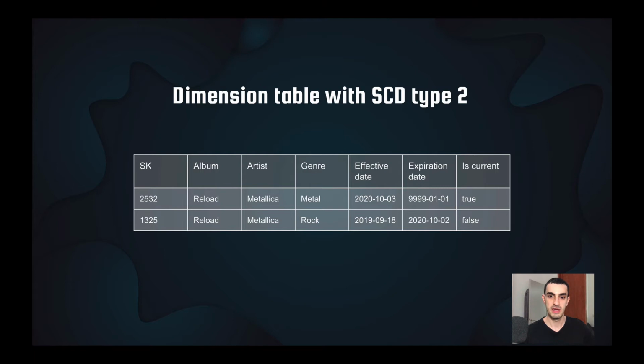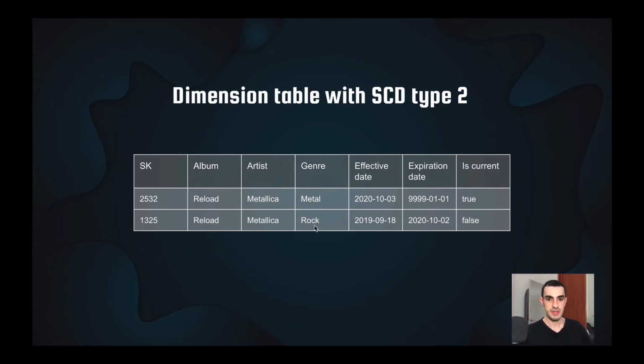So how does it look in the table? What we have is the table as we saw it before, with the surrogated key, the album, artist, and genre. And as you can see here, when we changed from rock to metal, we didn't change the original, which is this. We added a new row. And then we have the dates, the new columns we talked about.